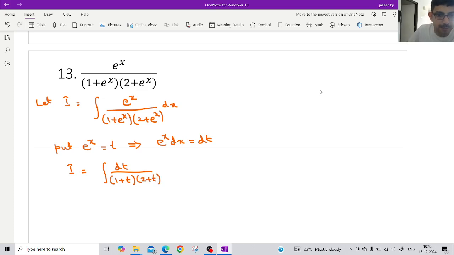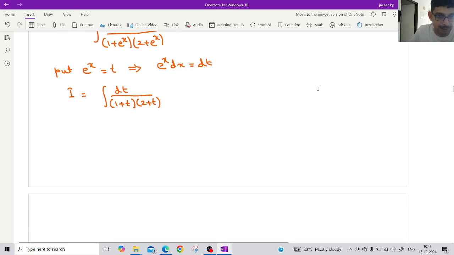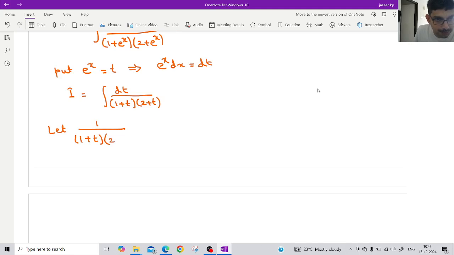This can be integrated using partial fractions. So let 1 by (1 plus t)(2 plus t) equal, both are linear factors, a by (1 plus t) plus b by (2 plus t).